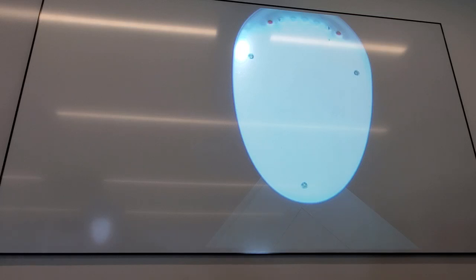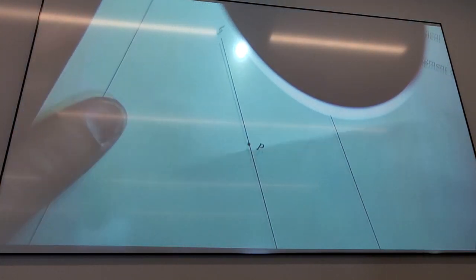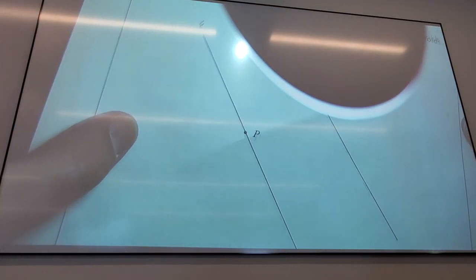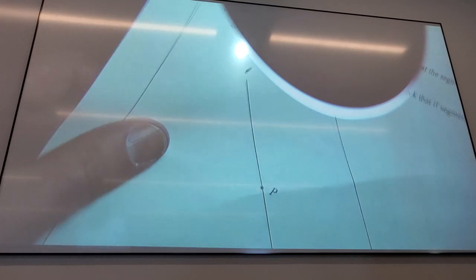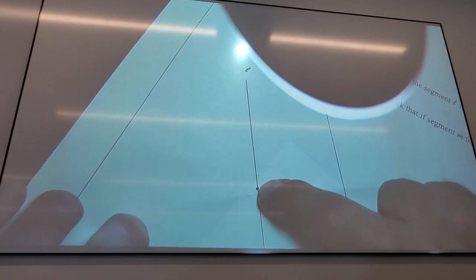Okay, what about this one? I had a few people not quite understand what it was asking. Focus all of your attention on line L and fold it around point P so that line L lines back up with itself. If I fold it a bit, I can see it doesn't quite line up, and now it's lined up.